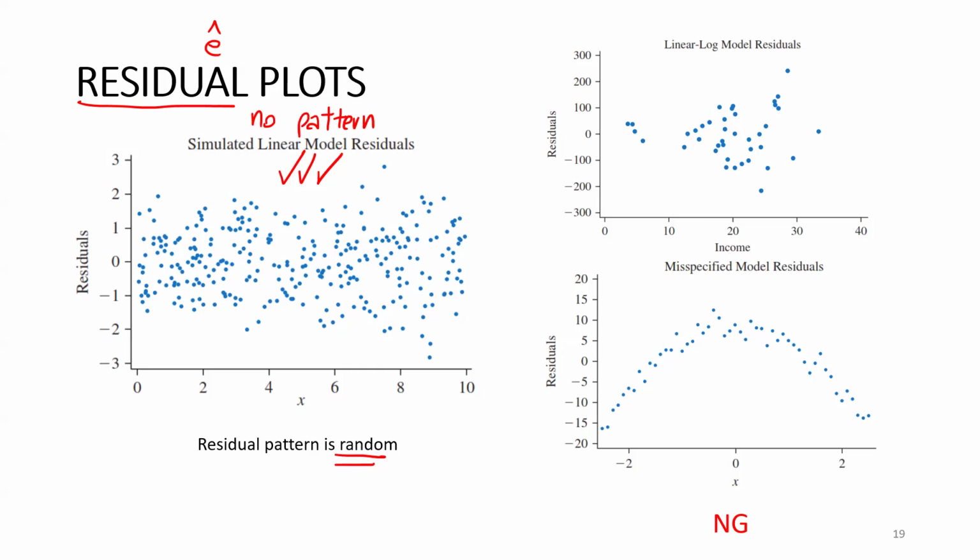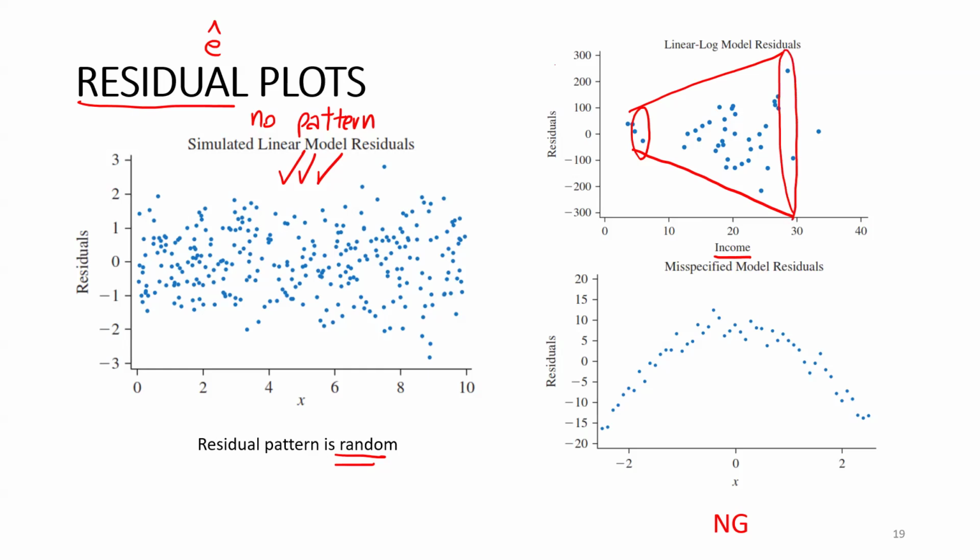But on the right-hand side, the error hat has something like this. When income is low, the variance is low, but when income is higher, the variance is higher.